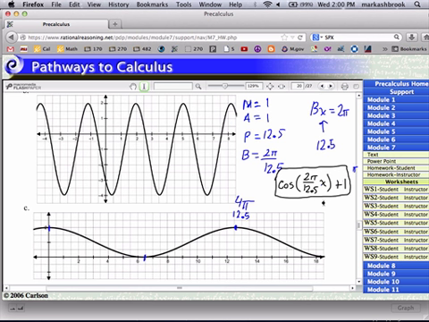Okay, sine version. So to get the sine version, see red? We need a shift. So what do we do?